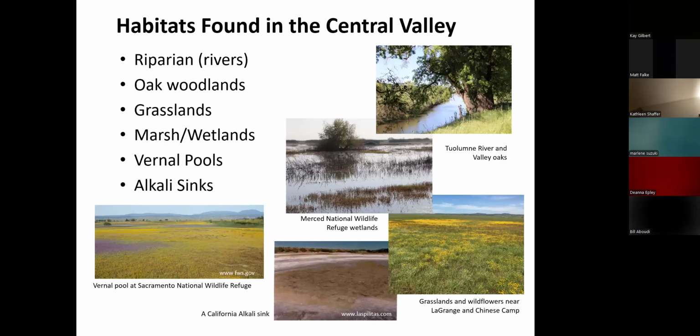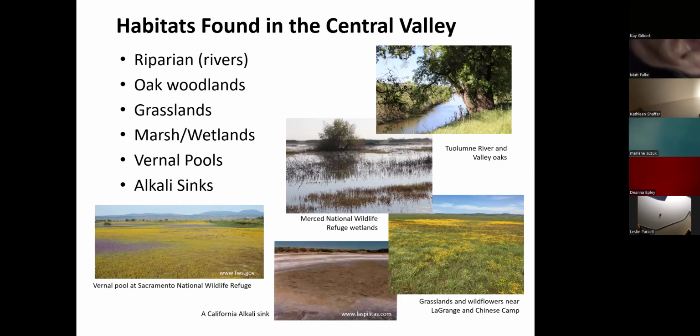I'm focusing on the habitat here in the Central Valley. We have several habitats: riparian, which is another word for rivers, and oak woodlands. We're talking valley oaks along the riverland.